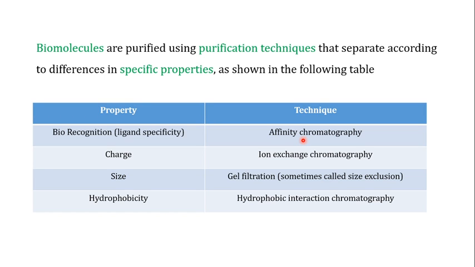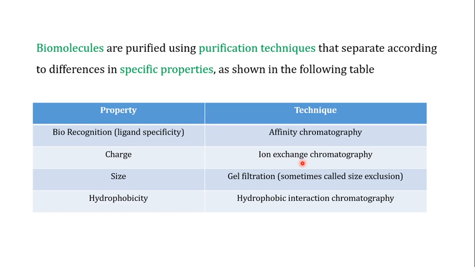For example, affinity chromatography, the technique we'll be focusing on in this video, is a biorecognition chromatography. What I mean by that is that it separates biomolecules based on ligand specificity.